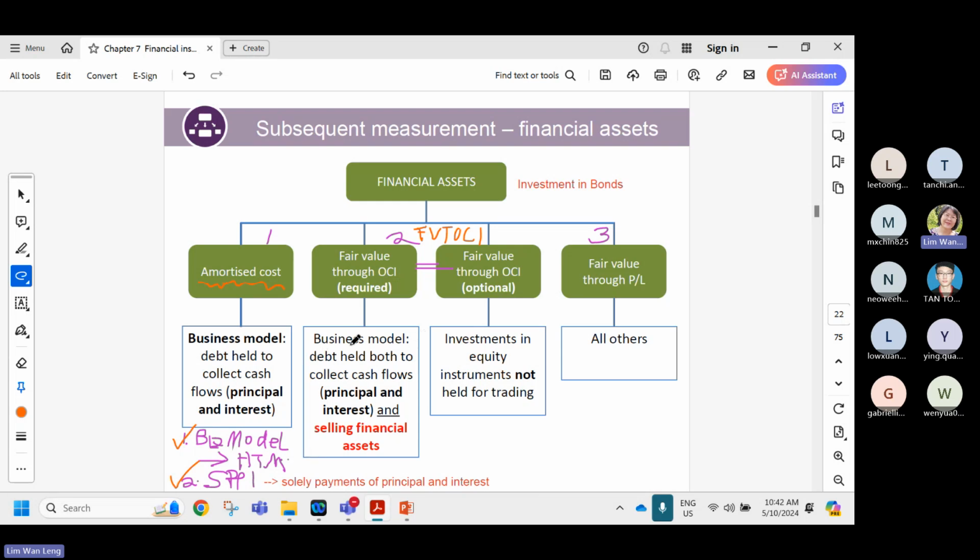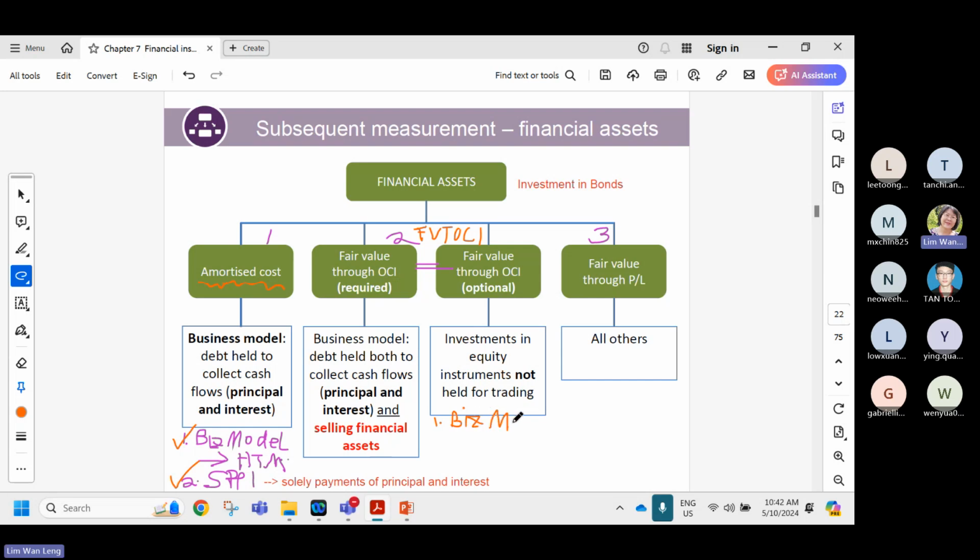They tell you the business model is to hold the debt, both to collect cash flows and to sell the financial assets. So for the financial assets to be measured at fair value through the OCI, you must fulfill the business model test.